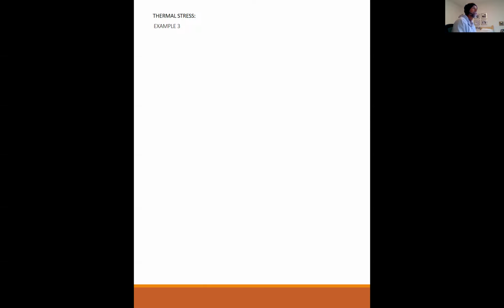So we started that Tuesday, and we got through example number 2, which was 2 different material rods wedged between 2 walls and went through a temperature change. Now we're going to take a look at example number 3 and continue on the discussion.